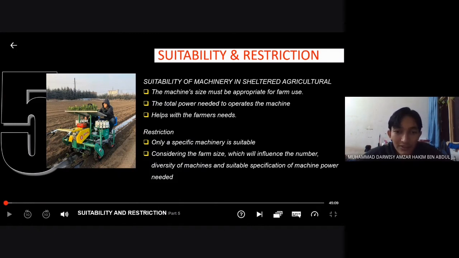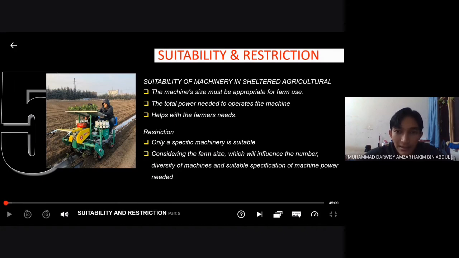What about the restrictions in shelter agriculture? The first point is only specific machinery is suitable. This means that not all agriculture machinery can be used in sheltered agriculture, because sheltered agriculture is not like a normal agriculture farm, using big, massive machinery.